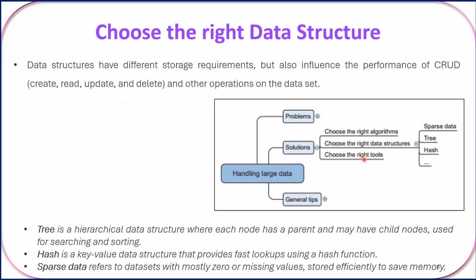The other way of trying to solve the problem of handling large data sets is choosing the right data structure. So the data structures can be sparse data, tree, or hash. Sparse data mostly has zero or missing values, and is stored efficiently to save memory.